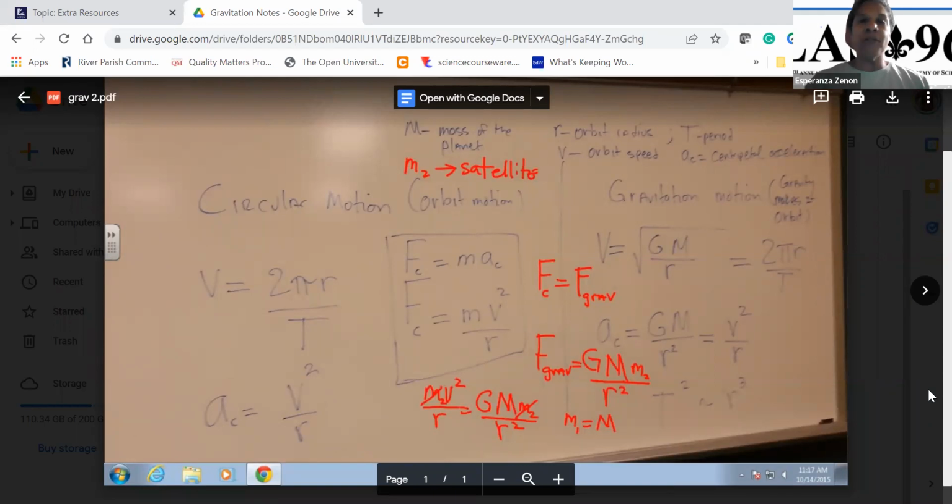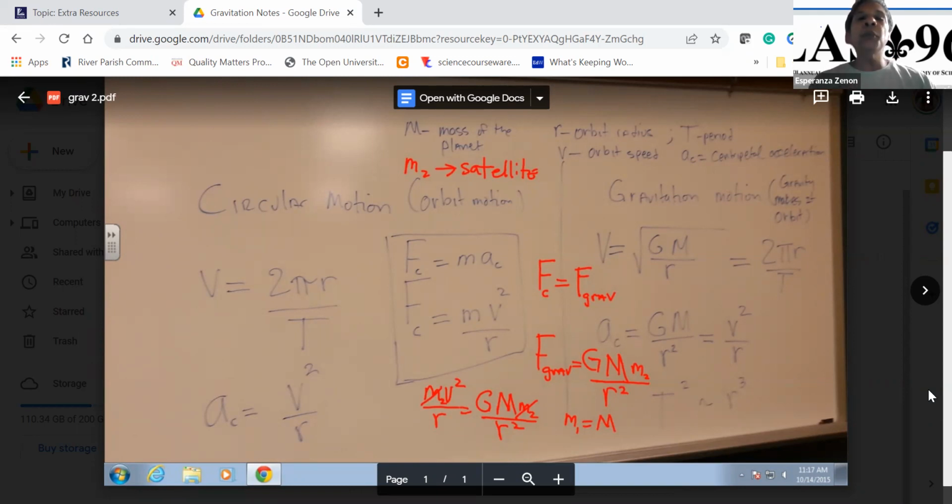How far out is it orbiting from the center, right? V represents the orbit speed. T, big T, is the period. We're familiar with orbit speed, orbit radius and period because you had to use them on the satellite problem, right? And then AC, we know that. That's centripetal acceleration. So just setting up some terminology there for you, all right?